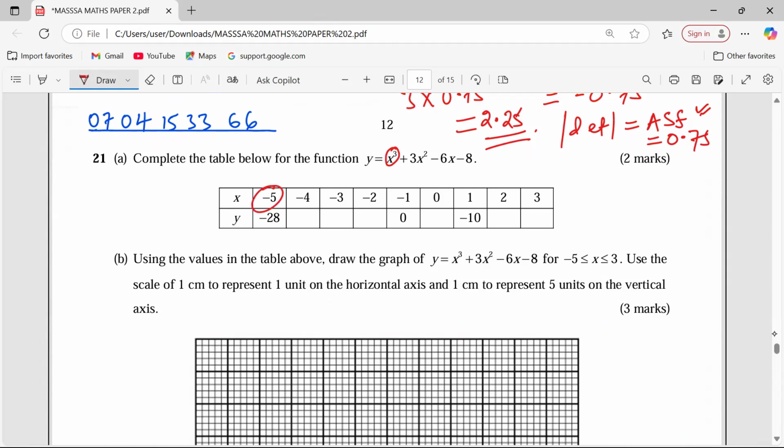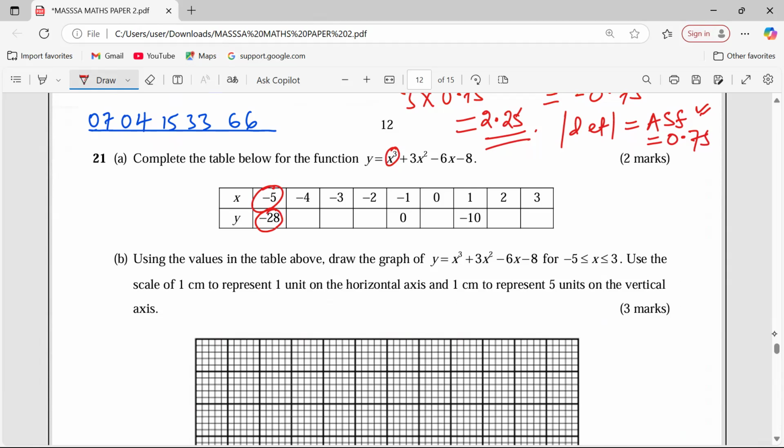We open brackets, negative 5 power 3. Then we add 3 into negative 5 squared. Then you subtract 6 into negative 5, and you subtract 8. This is giving me negative 28. So this value has been properly computed. The next value of x is negative 4.